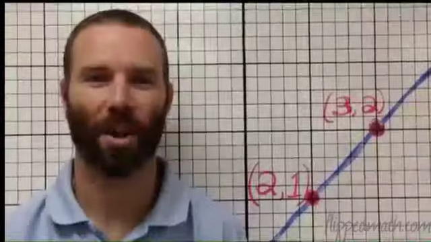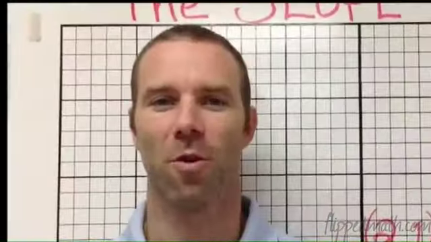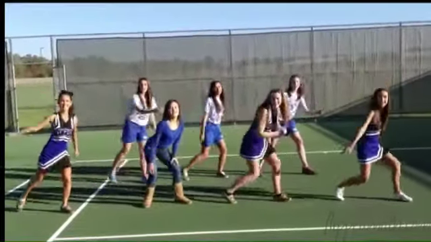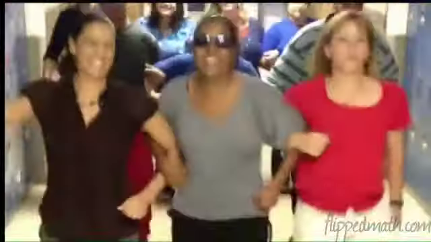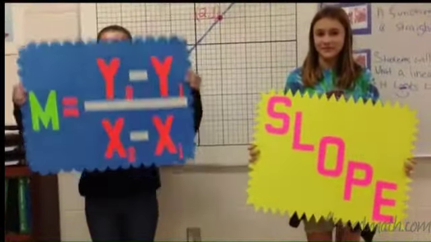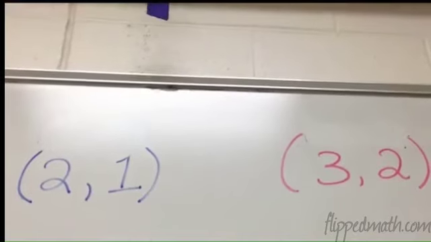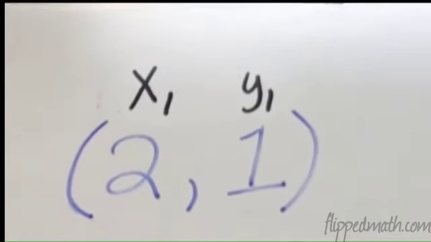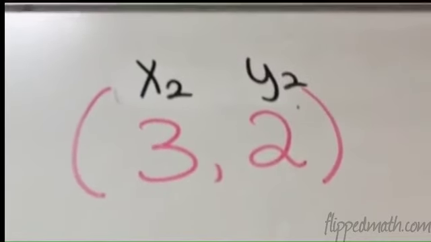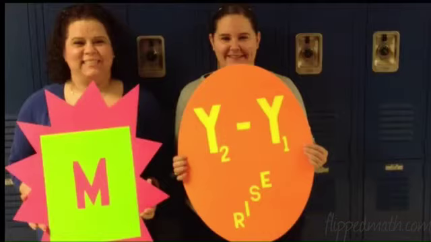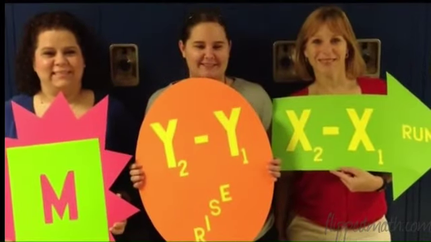Math equation, slope, slope, slope. The slope formula stop. There is a formula you can use to find the slope, which is usually represented by letter M. This is no joke. The slope of a line is the difference of the y's over difference of the x's. You take a point, label it x1 and y1. Take a second point, label it x2 and y2. Then subtract the two. The y's will give you the rise, the x's give you the run.